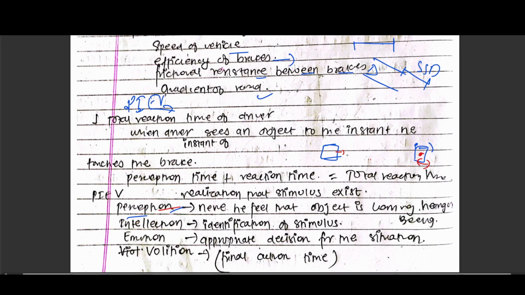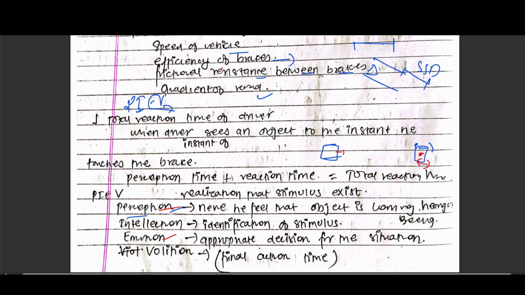And the next one is what I should do, what is the appropriate decision for the situation. So if I saw a red light, then the appropriate decision is to apply the brake. The time required by me to think about the appropriate decision is known as the emotion time.